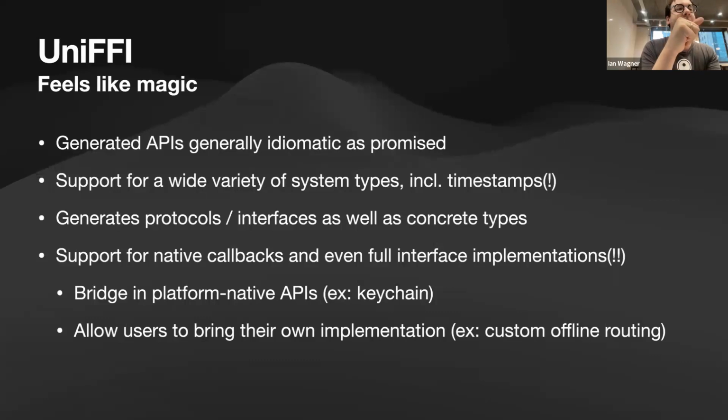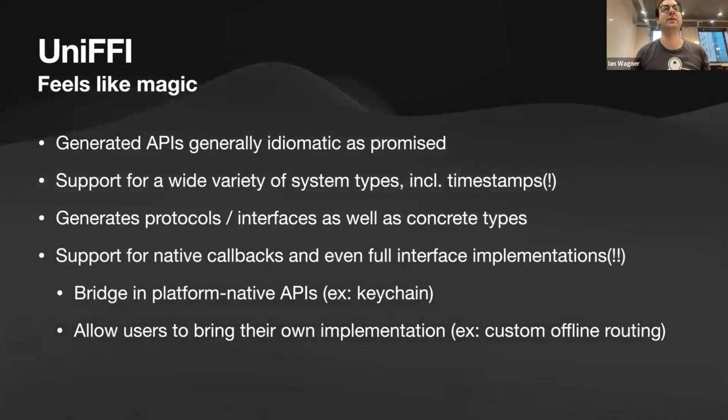Then on the iOS side, you would write some Swift code that talks to the keychain libraries on iOS, and then all you have to do is implement this interface, and your Rust code can take advantage of the native stuff.